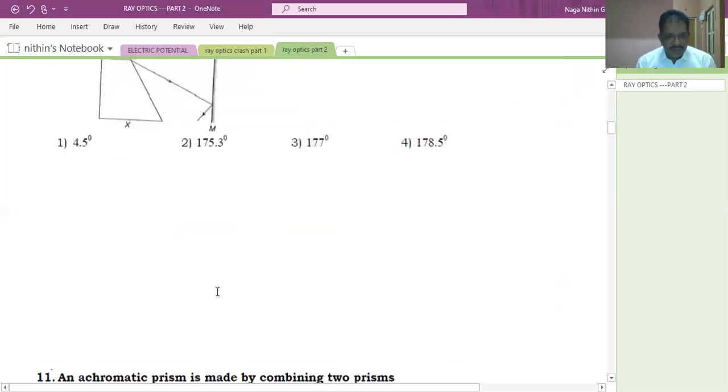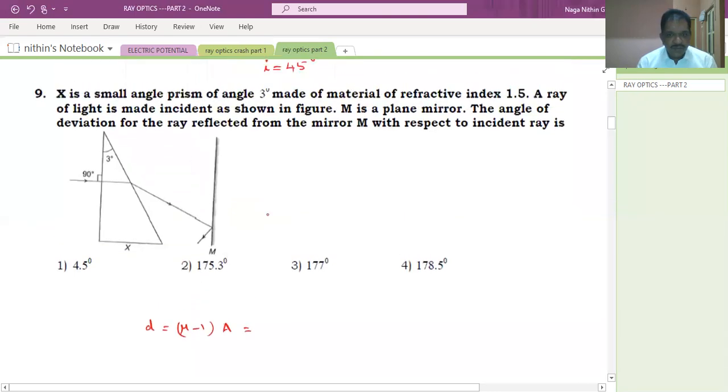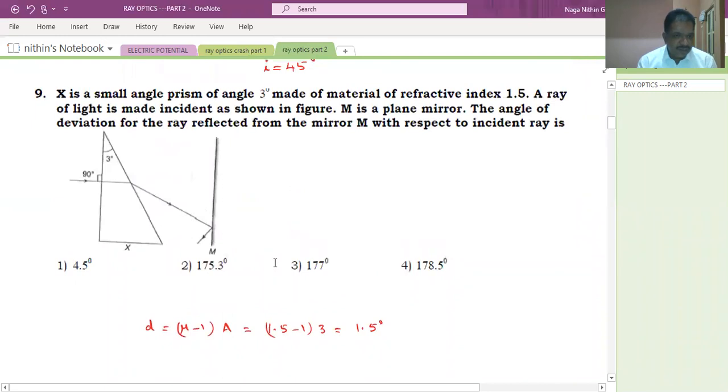Now here what is the deviation? D is equal to mu minus 1 into A. Mu value will be 1.5 minus 1 into 3. So 0.5 into 3 means 1.5 degrees deviation will be there.